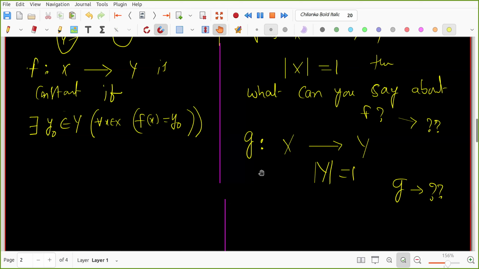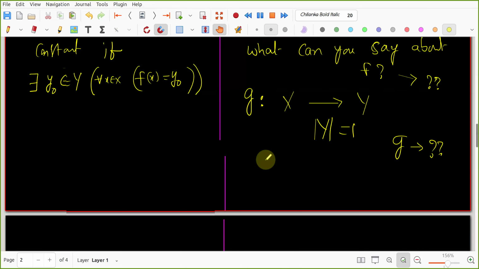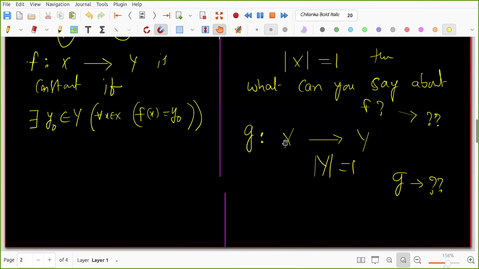Since it is a function, every element has to have an image, and all of them have to map to the single element. So it has to be a constant function, right? Yes, sir. My question is, is the converse also true? Means if g is a constant function from X to Y, then the cardinality has to be 1. Think about that also.